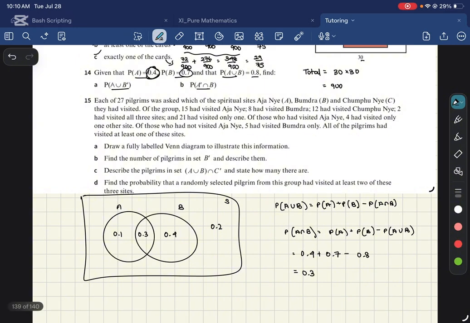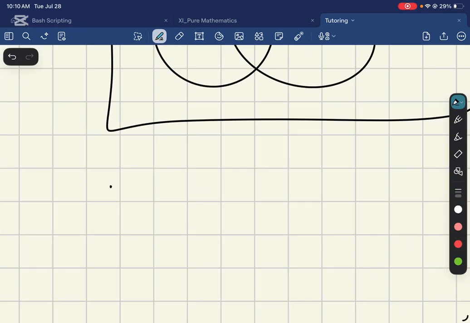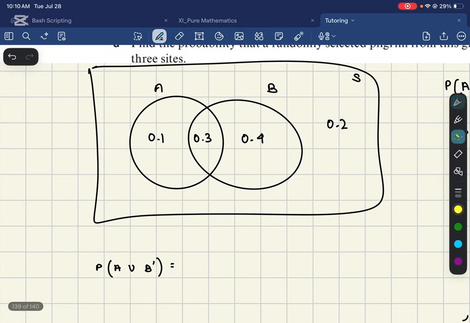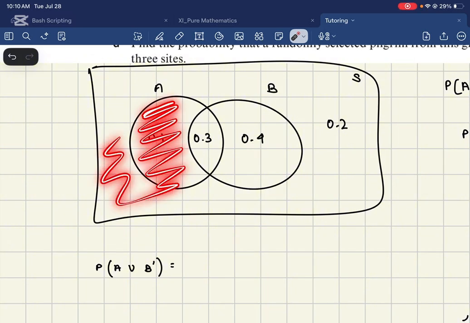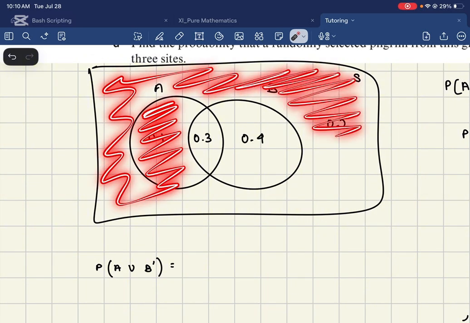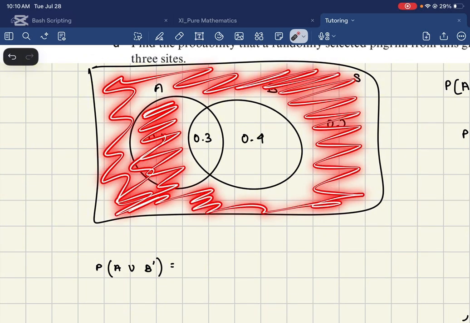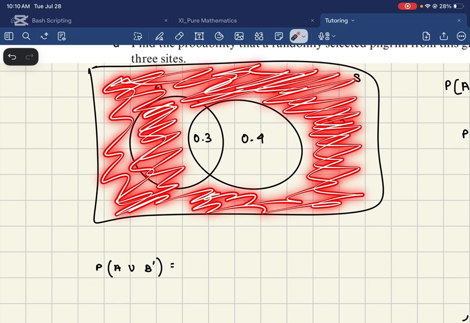All right. So now we need to find P(A union not B). Let's look at not B first. Not B is this part. It's everything outside of B, right? And A union means that you add A to this not B part.